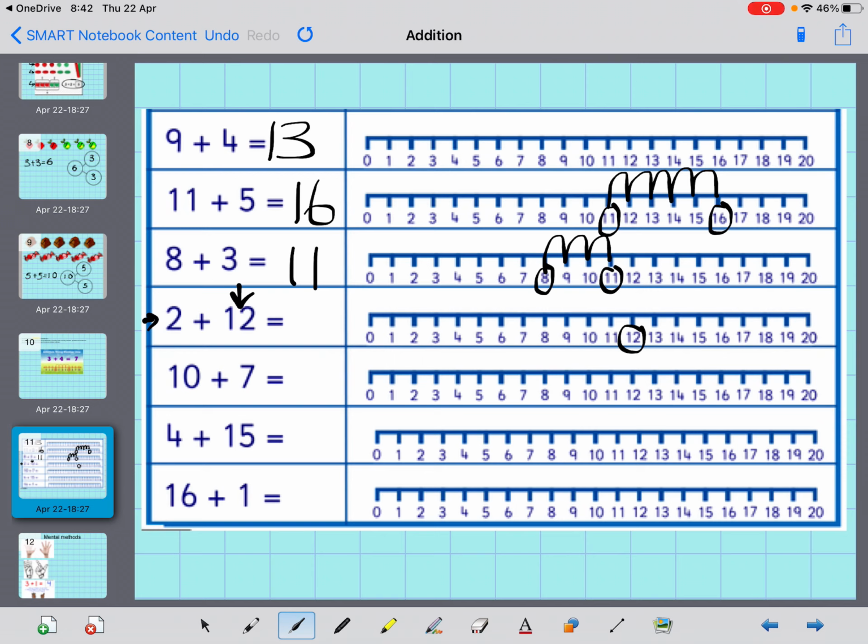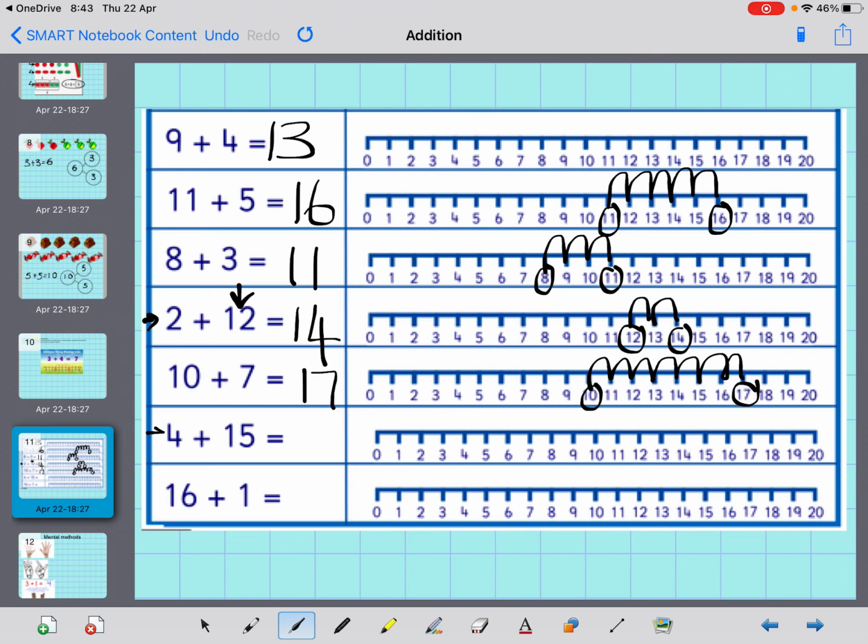So it just means we're doing less jumps. 1, 2. I've landed on 14. 10 add 7. 1, 2, 3, 4, 5, 6, 7.